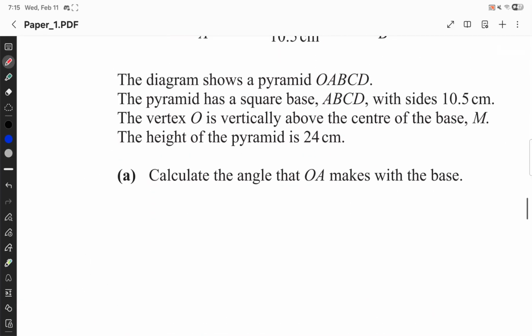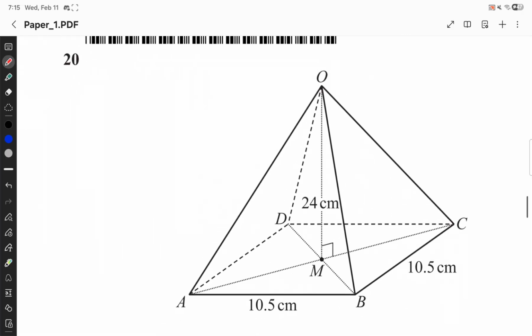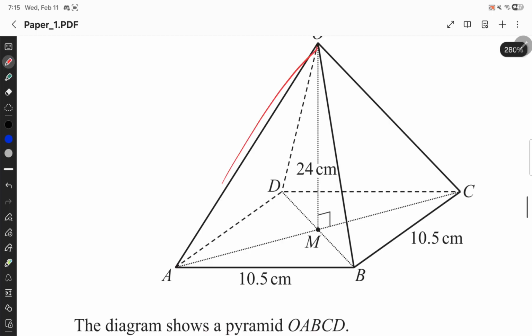Calculate the angle OA makes with the base. So what is this question even asking? We want this line OA and this angle. Okay, this angle.